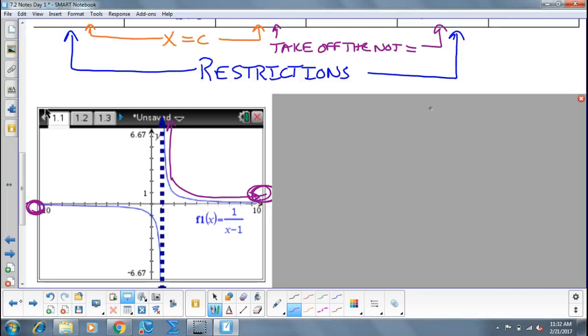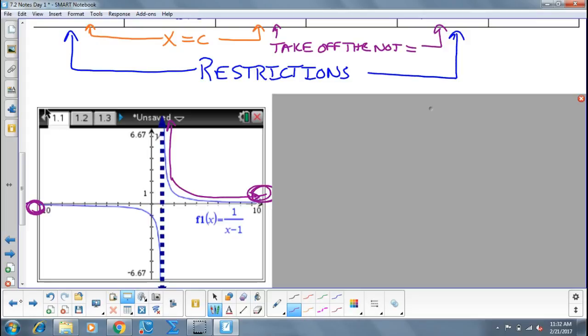Talk to me, Haley. Because the numerator isn't 0. In a fraction, the only way a fraction can be 0 is if the numerator is 0. Okay? This numerator is 1. Is there any chance that 1 will be 0? None. So I know for a fact that I don't go to 0.